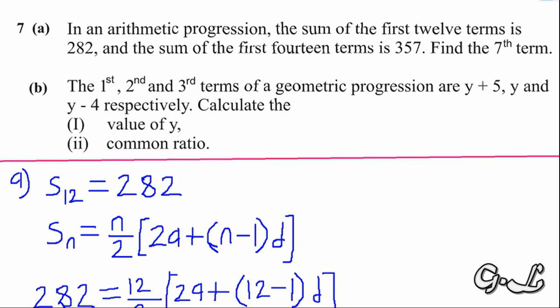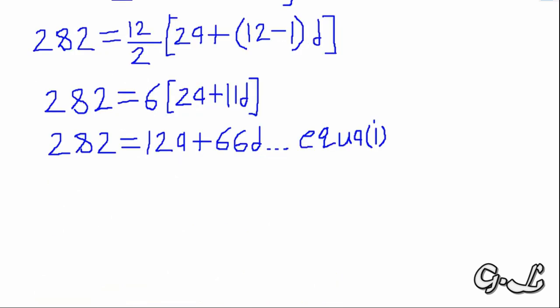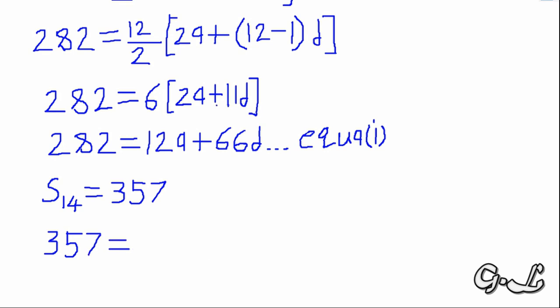Now we are also given that the sum of the first 14 terms is 357. So we're going to do the same things just as we did on that part. We're going to say sum is equal to n over 2 open brackets 2a plus open brackets n minus 1 close brackets, and then we multiply that by the common difference.